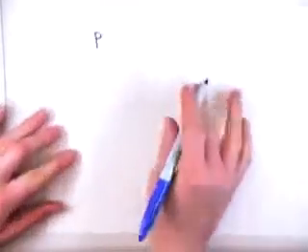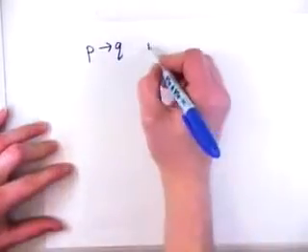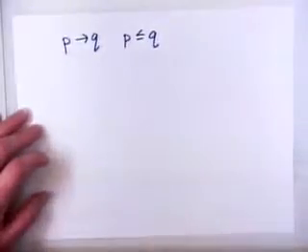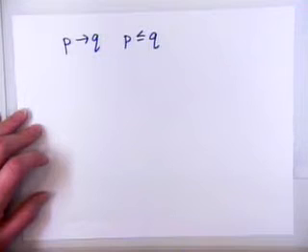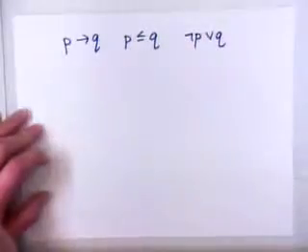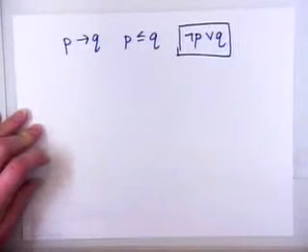With implies, what is our basic definition of implication? I can think of it as less than or equal to, but in terms of logic, I can think of it as not P or Q. This is the one that I really think of as the basic definition for implication.